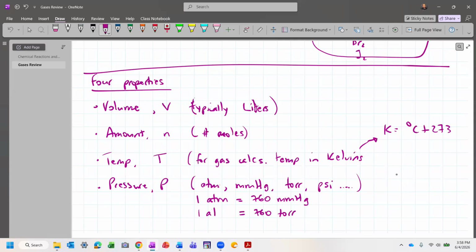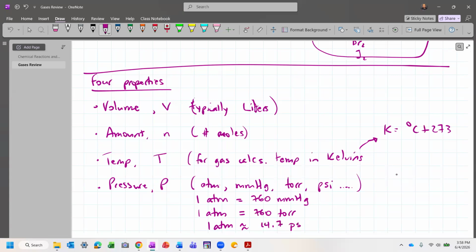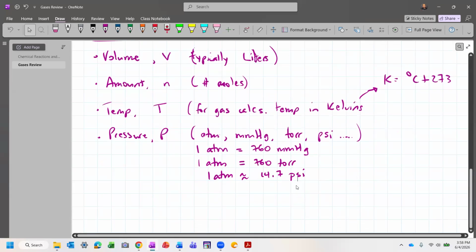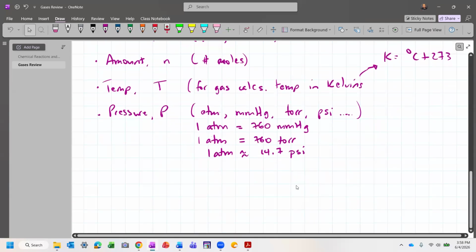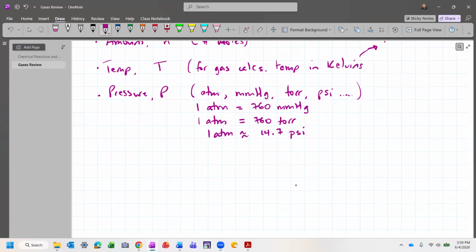And 1 atmosphere is also approximately equal to 14.7 or so PSI. You will see several of these pressure units when you encounter some of the review questions.